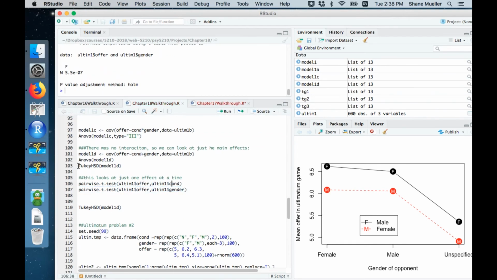It's preferable to do the Tukey test over these pairwise t-tests, because in each of these cases, when I'm testing for condition, I'm not factoring out the effect of gender. It doesn't know about gender, so the variability of gender is being incorporated. And also the variability of a gender by condition interaction, if it exists, is being incorporated in my residuals. So this could look at each one at a time, but it's generally better to look at this and then do the post hoc tests.